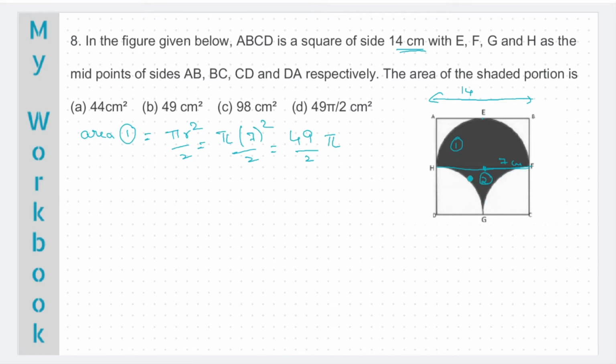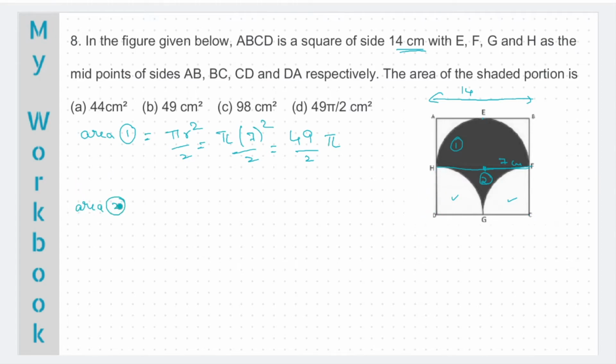Now let's go to the portion marked as number 2 here. This shaded portion, we can see that we can find the area of this shaded portion by subtracting the area of these two quadrants from the area of the rectangle HFCD.